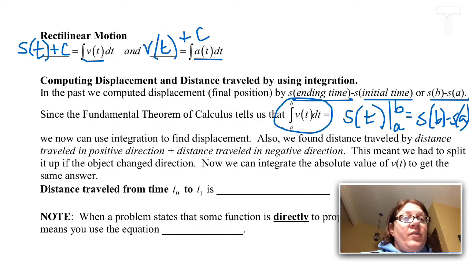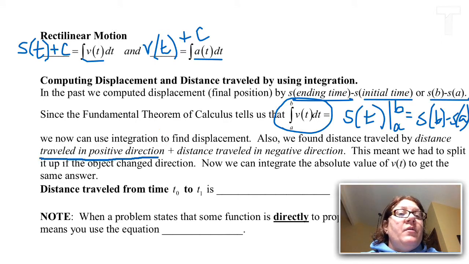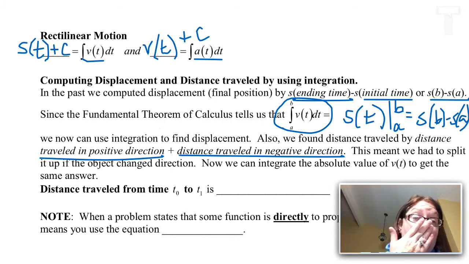And then the other thing that we did was we found distance traveled, and we had to split it up because we had to worry about whether it was traveling in a positive direction or a negative direction. So we looked at when is velocity positive and when is velocity negative, and then we split it up so that we could find the position across those intervals.